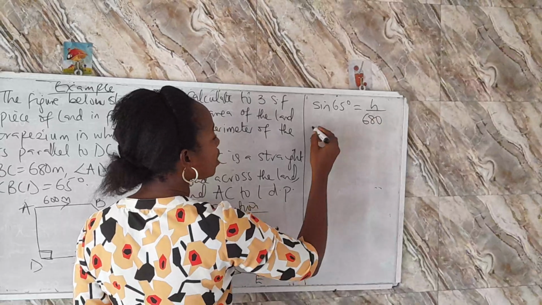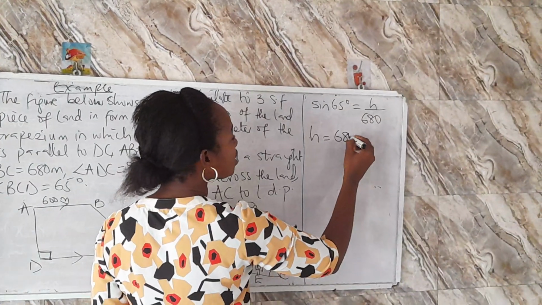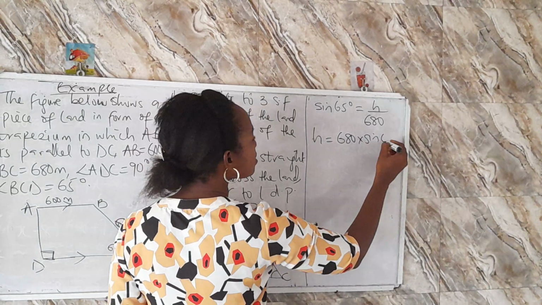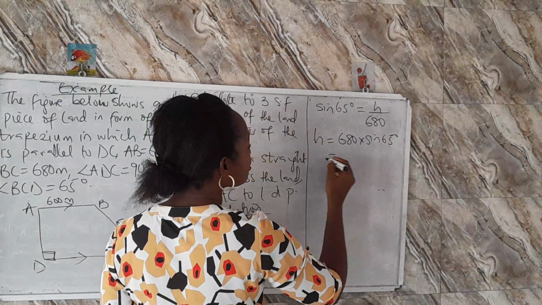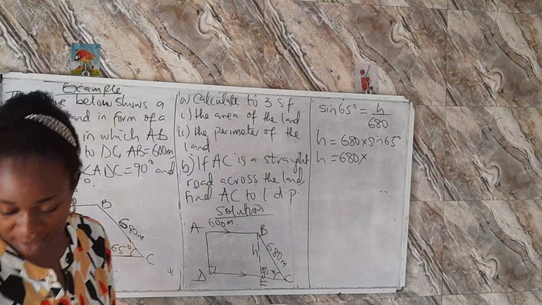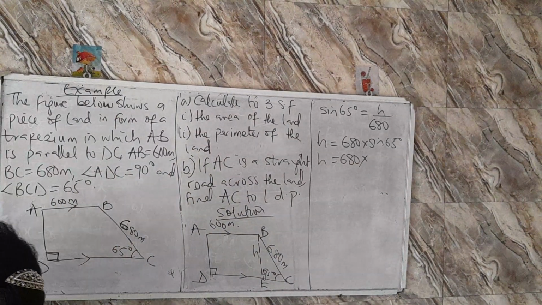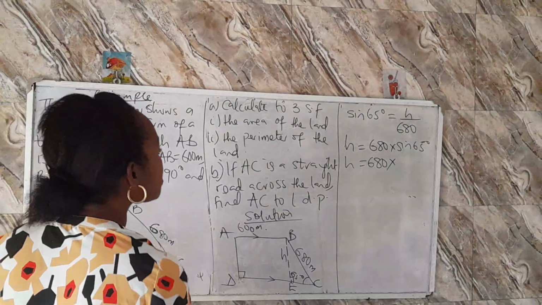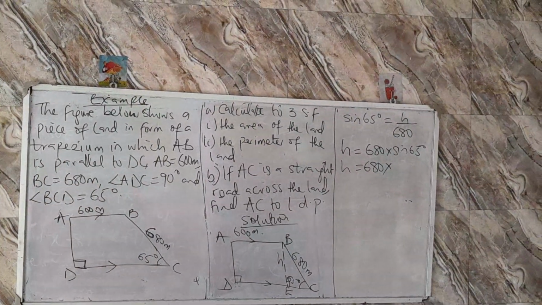So cross and multiply, you have that h will be 680 times sine 65 degrees. So what is sine 65 degrees?